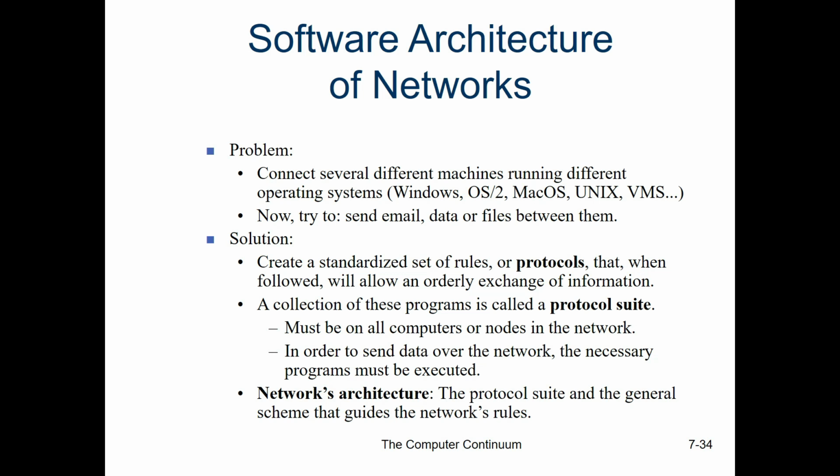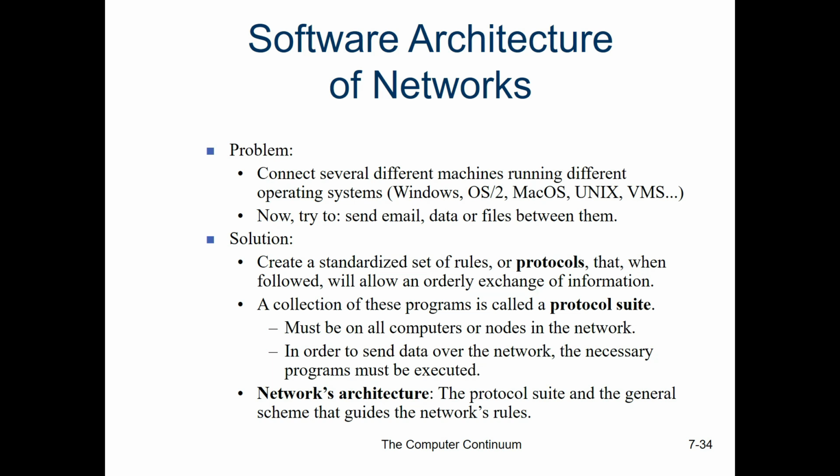There needs to be some way in which different people can communicate. Similarly, there are different operating systems and different devices doing different stuff. How could they communicate with each other?